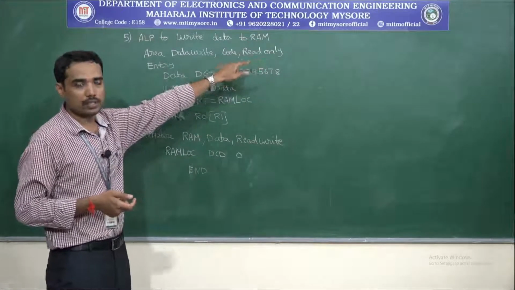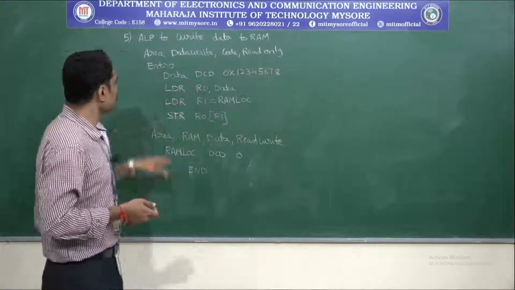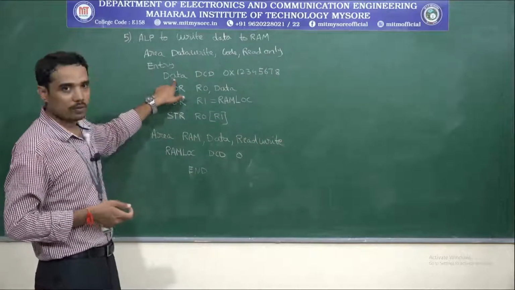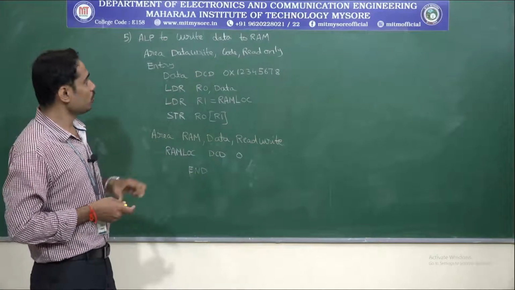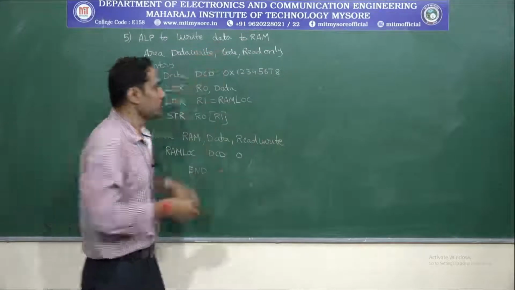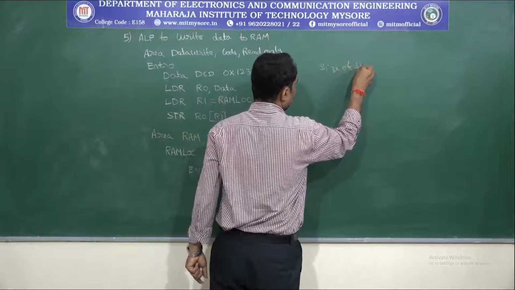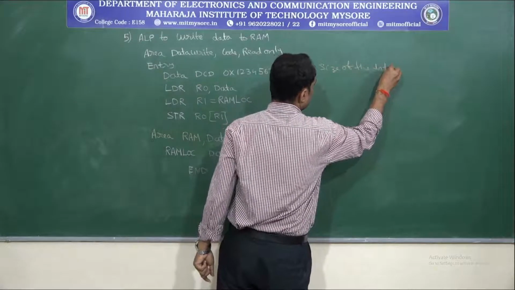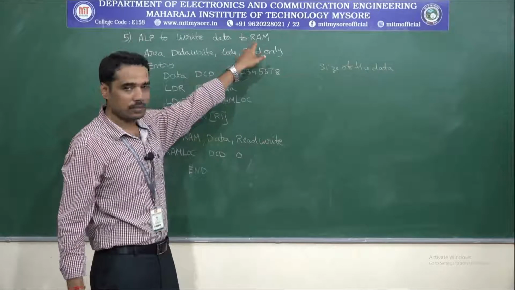First, we are reading the data. We have mentioned it as read only. Entry data. Since the program has no indication with respect to the size of the data, the size of the data to be written inside the memory location is not mentioned.